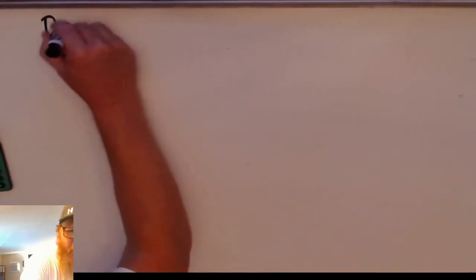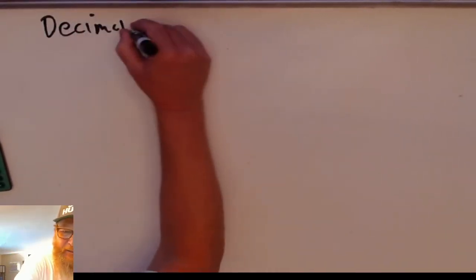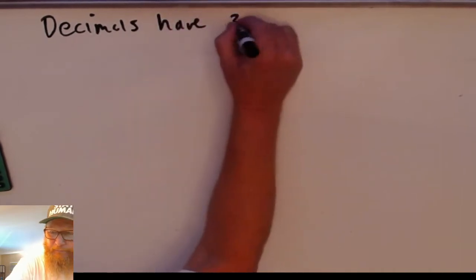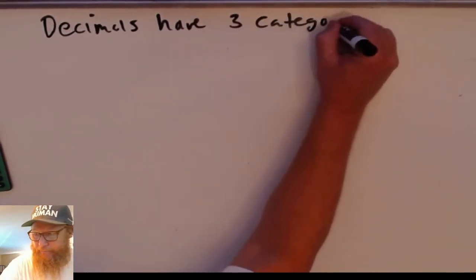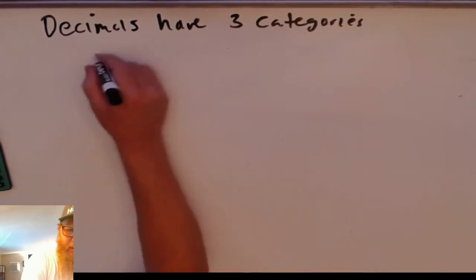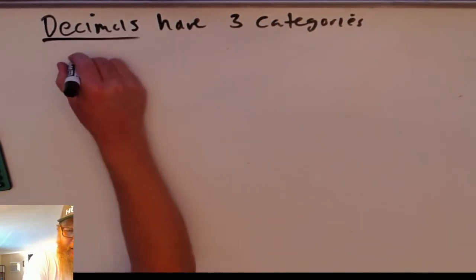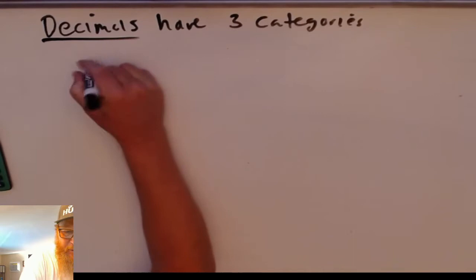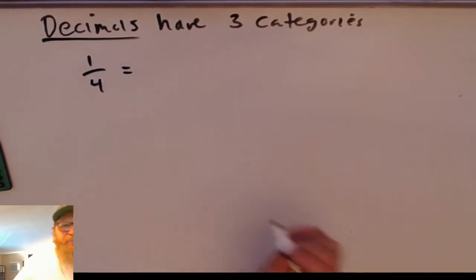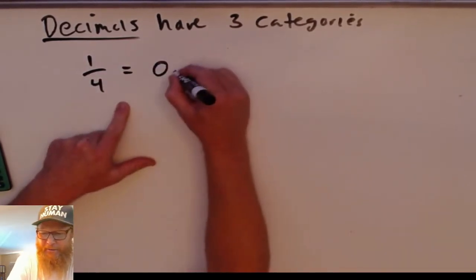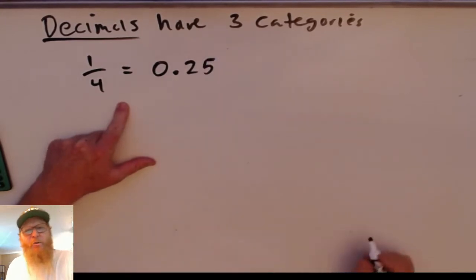So decimals fall into 3 categories. So something like, let's do an easy one, 1/4. So 1/4 is 0.25, also known as a quarter.